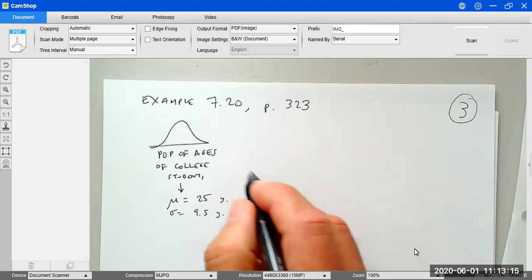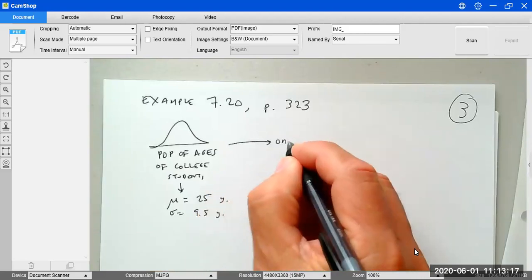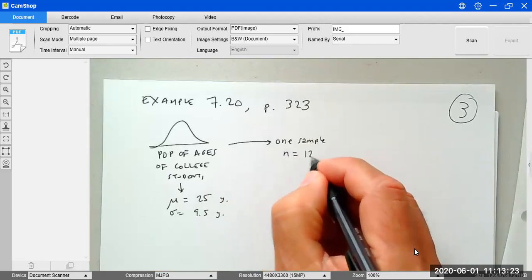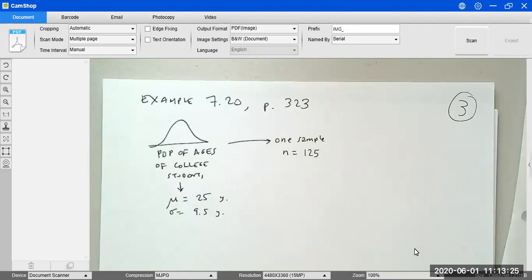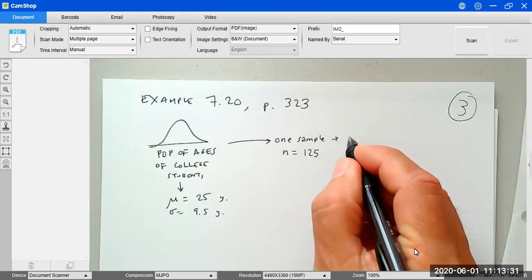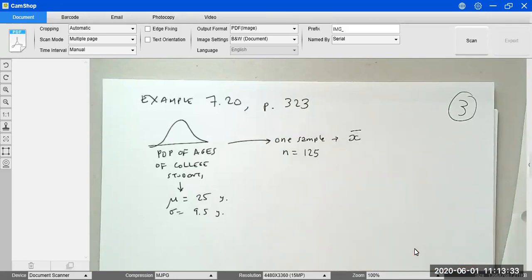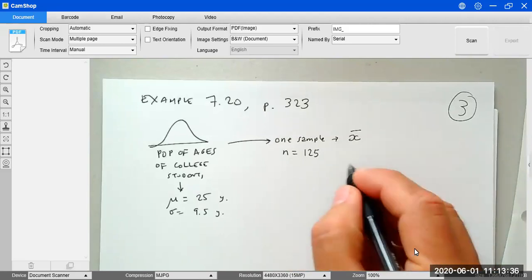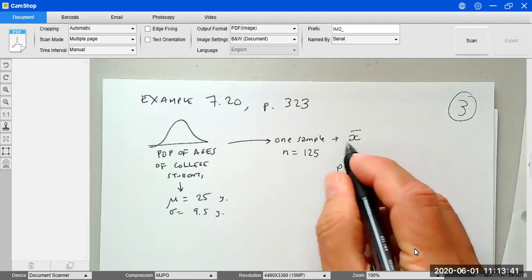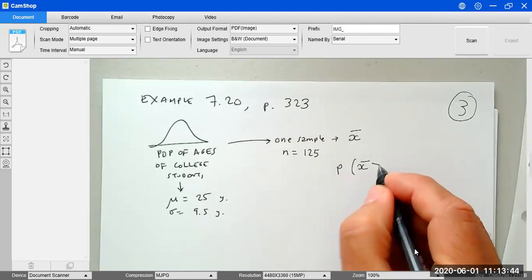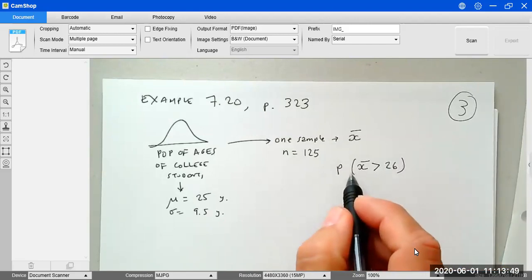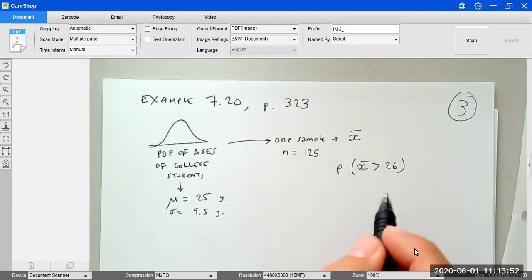But then they are talking about one sample that was collected, with n equals 125 students. If you computed the mean, we want to know about the mean. What is the probability that the mean of this sample that we collected randomly is going to be greater than 26 years?